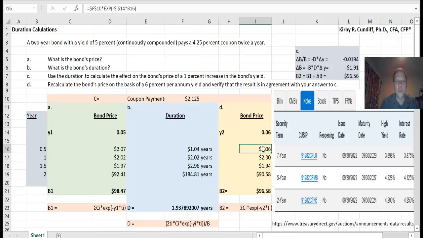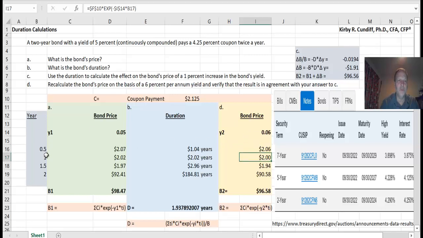So we start here again and figure out the discounted value of all of our coupons. The first coupon is, again, $2.125. We discount it at 0.5 times the interest rate of 0.06, and we get the present value of it is $2.06, slightly less than here because it's a higher interest rate.